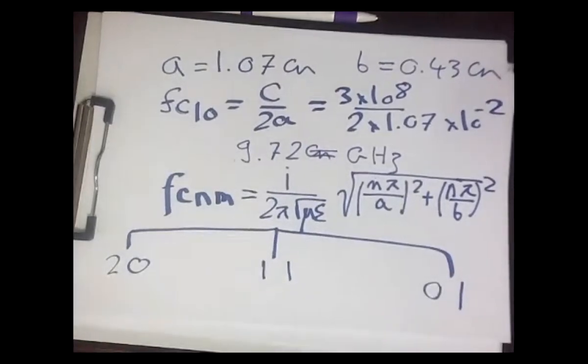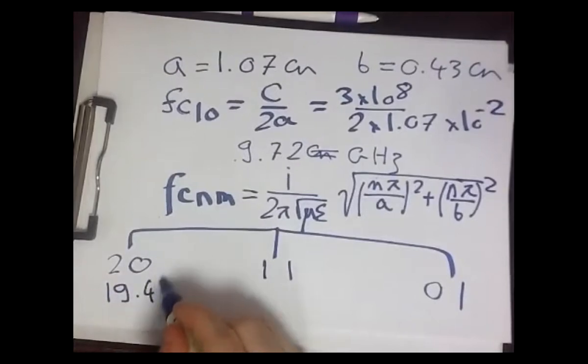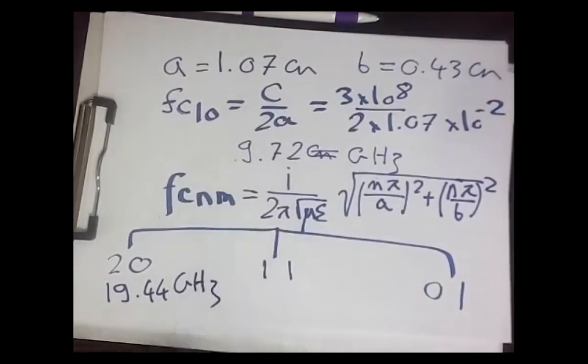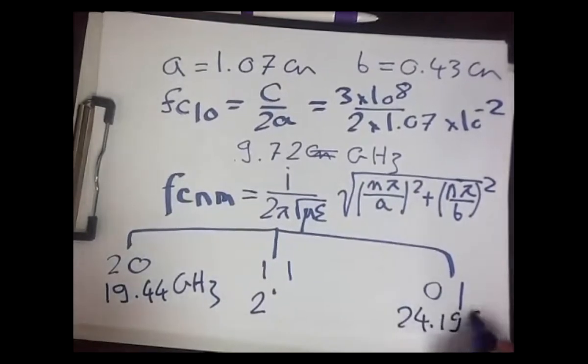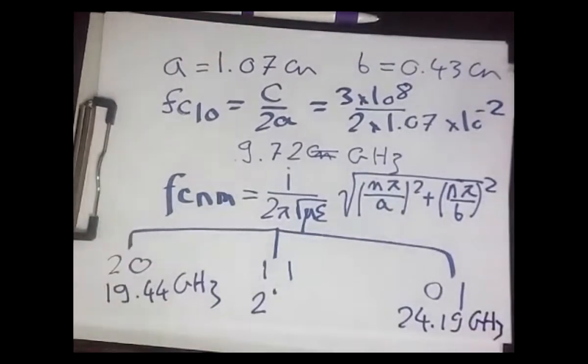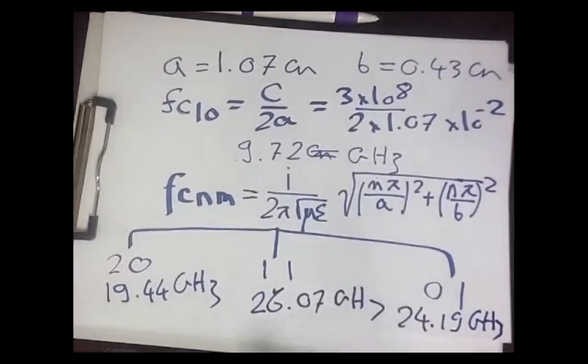If you calculate these 3 modes, my dear student, you will get here 19.44 gigahertz. And in the 0, 1, you will get 24.19 gigahertz. And in the 1, 1, you will get 26.07 gigahertz. So this is the only way, my dear.